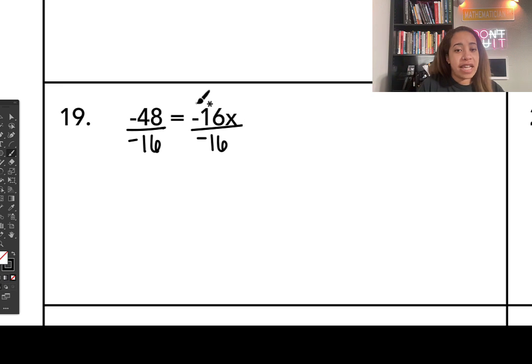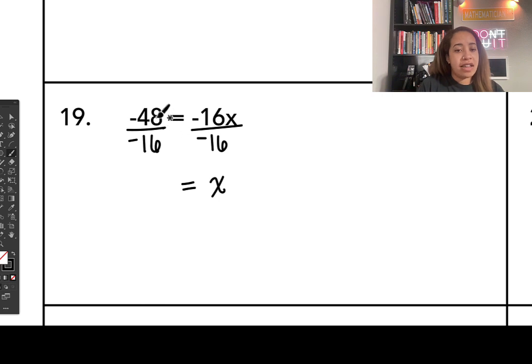So that does cancel out the negative 16s on the right side. One thing to notice is that I did not change the sign of the integer. We are only doing the opposite operations, not the opposite signs. We still need to divide by a negative 16.